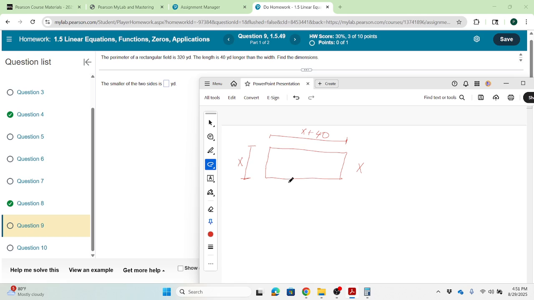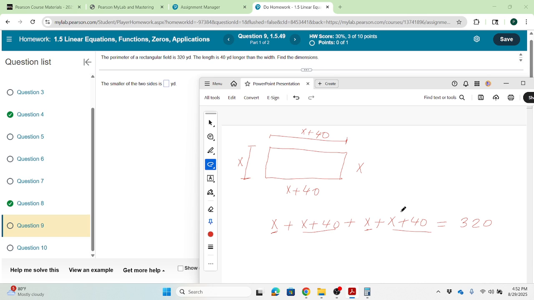If this side is x plus 40, then this side is also x plus 40. Perimeter means you add all four sides. So x plus 40 plus x plus x plus 40, that gives us 320. This is one side, this is another side, this side, and this is the fourth side.